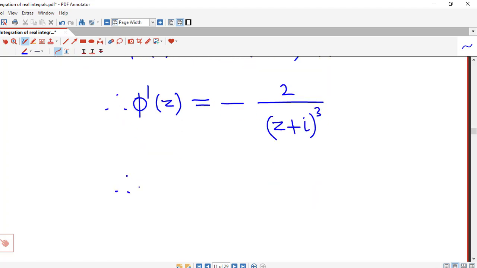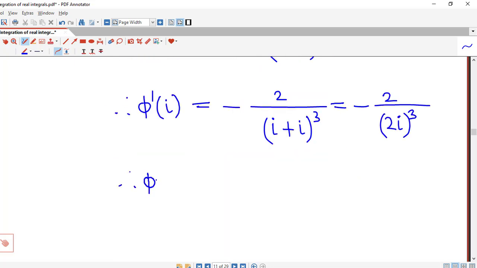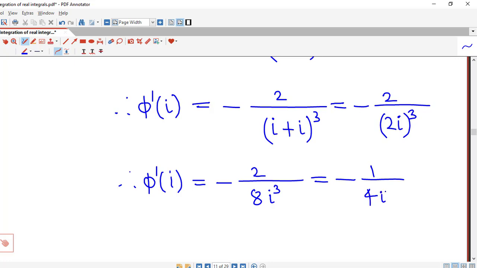Now we are interested in the value of phi dash at z equal to i. So we put z equal to i here, and we have (i plus i) to the power 3. So this is now minus 2 over the cube of 2i. Therefore phi dash i will be equal to minus 2 over 8 i cube, so this is minus 1 by 4 times 1 over i cube. i cube can be written as i square into i.